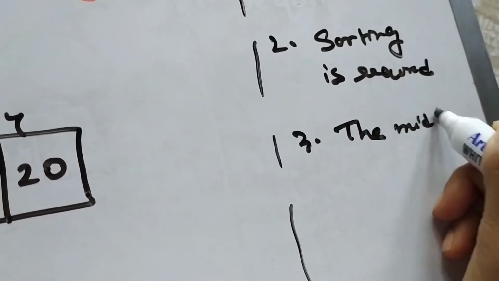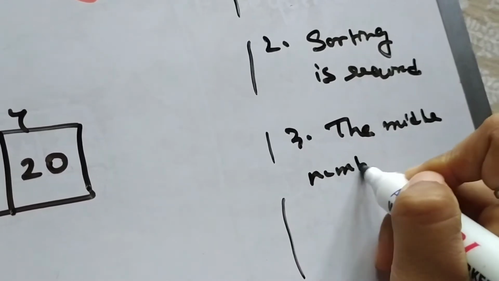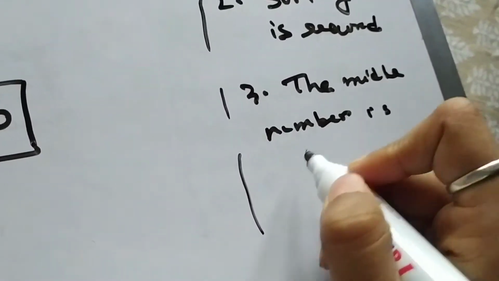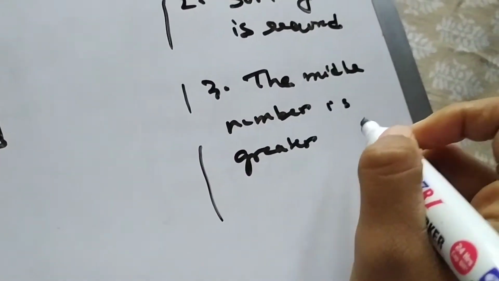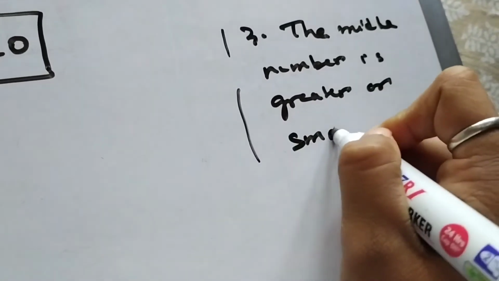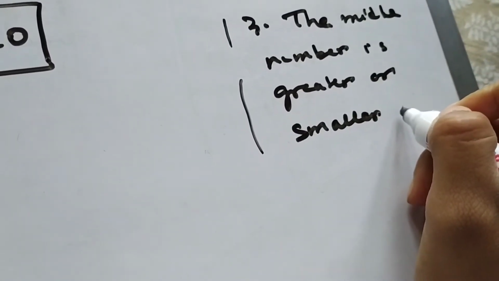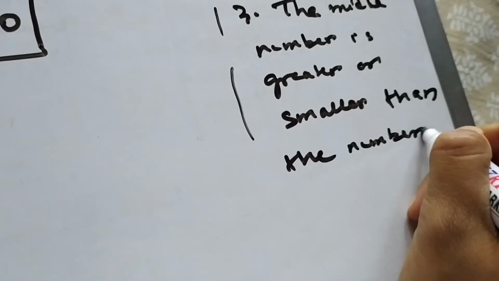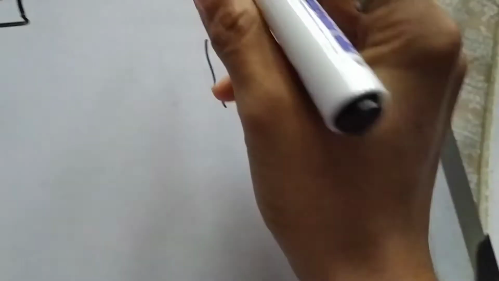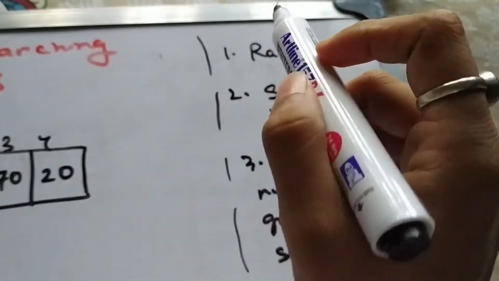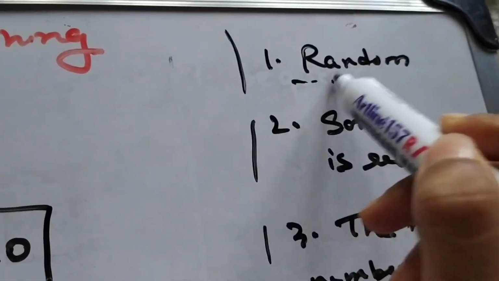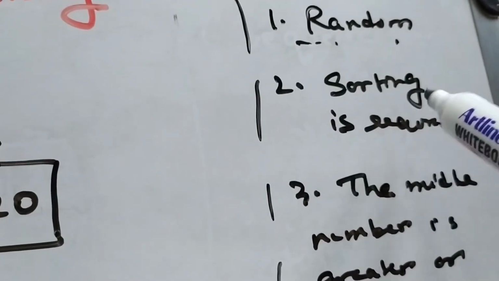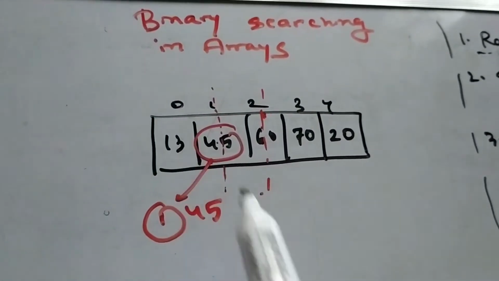It checks whether the middle number is greater or smaller than the number in the array. In linear searching the search is sequential, but here the search is random. In linear search sorting is not required, but here sorting is required. So these are the basic differences between binary search and linear search.